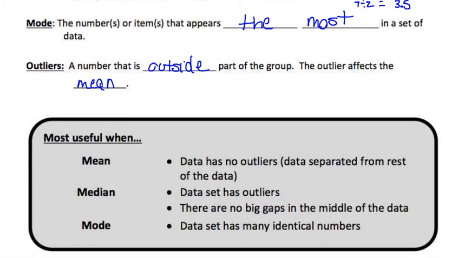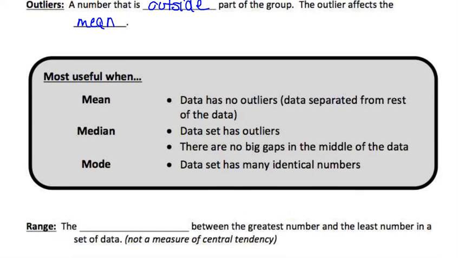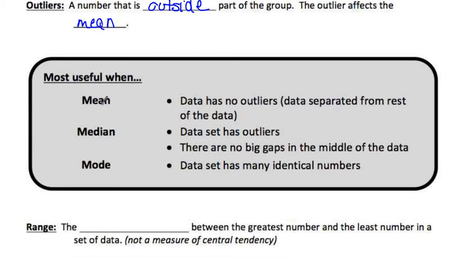So when does this affect us? When we talk about mean, median, and mode, we have a specific order that we use them in. We say mean first, so mean is the first one we always try to use. But we can't use mean when there's an outlier. We can use the median when there is an outlier, but we cannot use the mean.